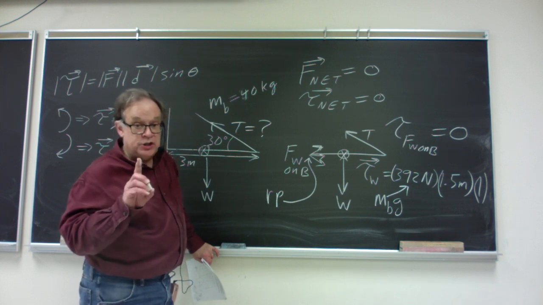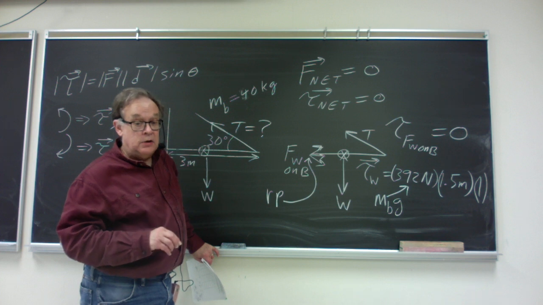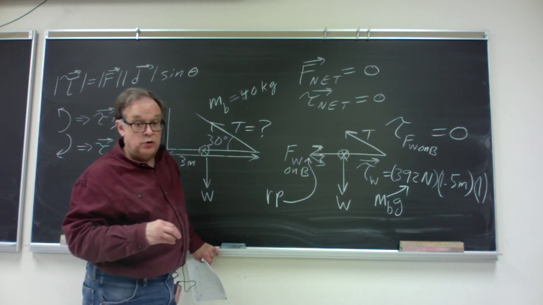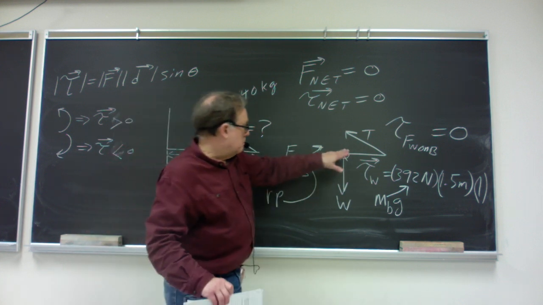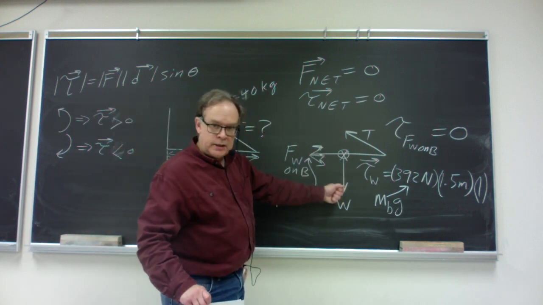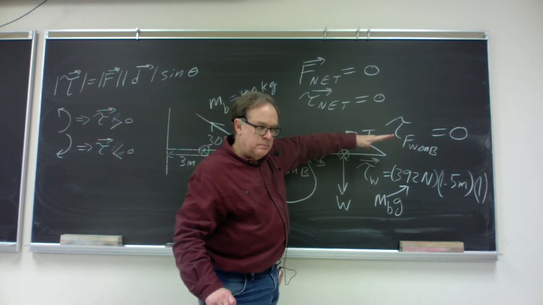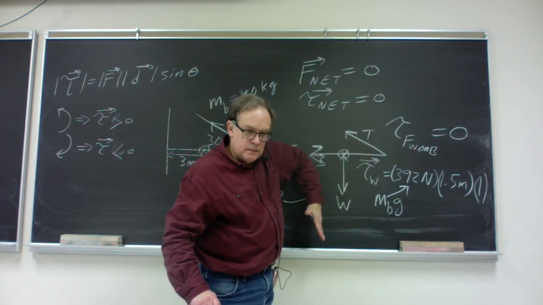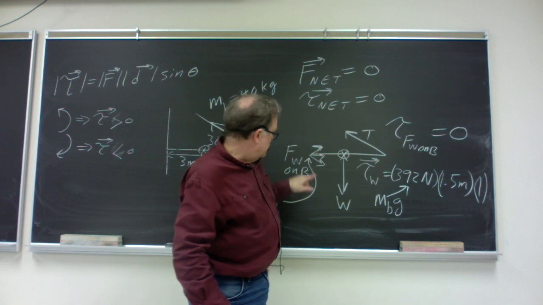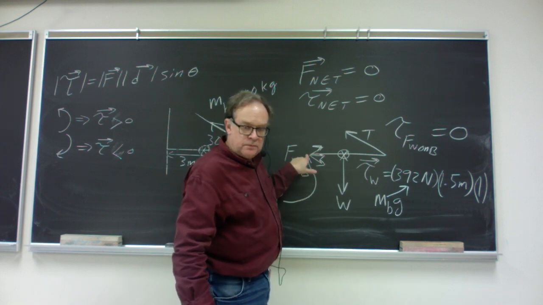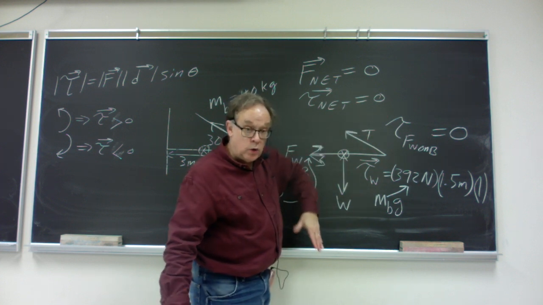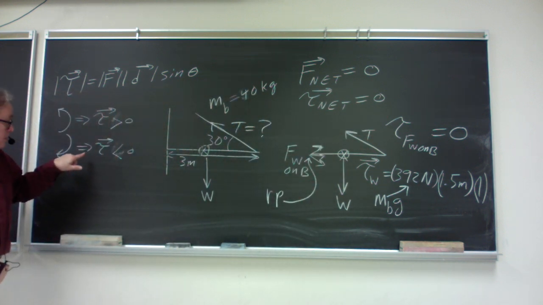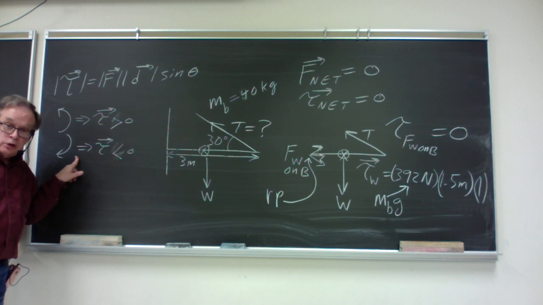We need to pay attention to the sign. And in order to get the correct sign for that torque, we ask what kind of rotation it would produce. Well, a pull right here at the middle of the beam would make the beam rotate this way. If we're taking that as our axis of rotation, it would make the beam rotate clockwise, and any torque that would make a clockwise rotation happen we call a negative torque.